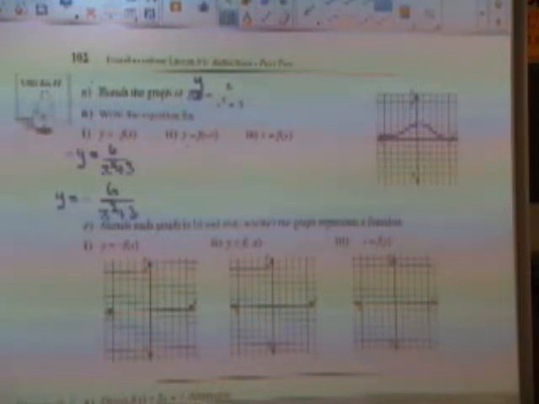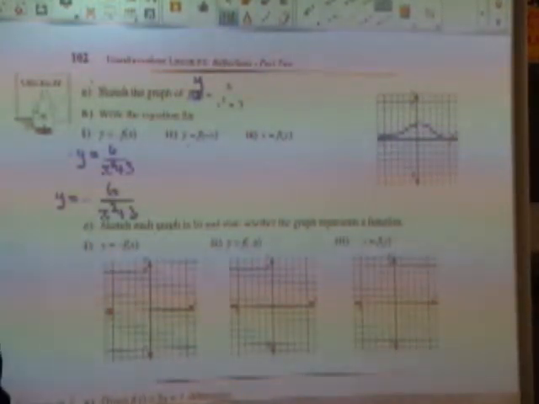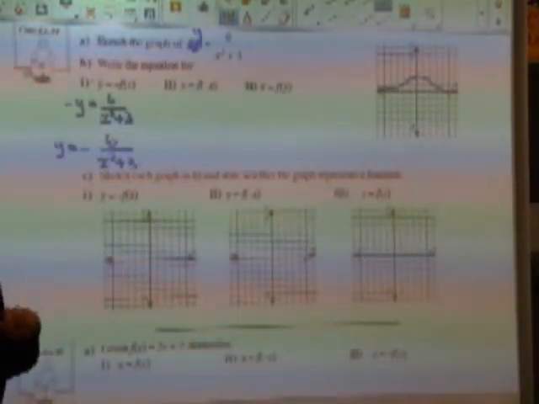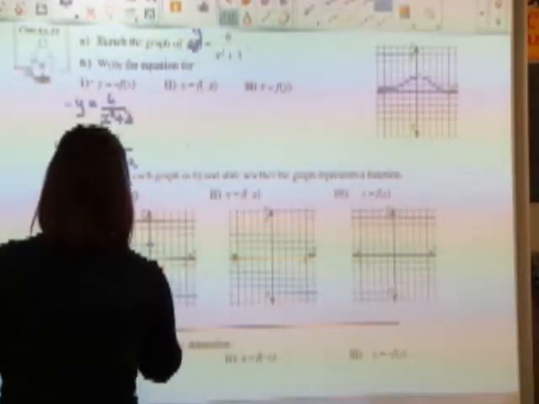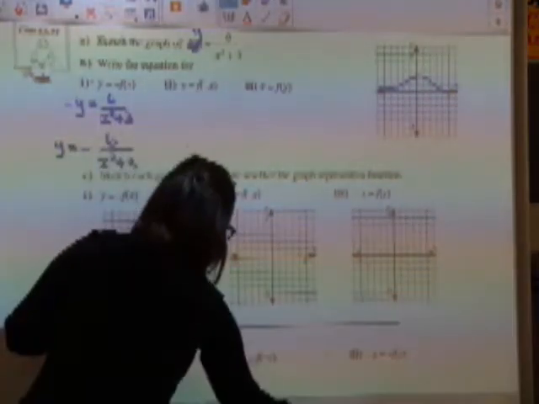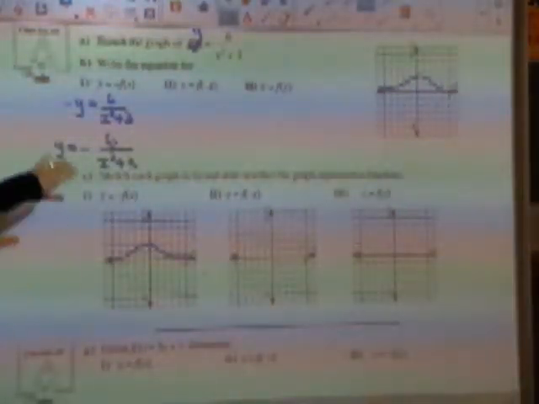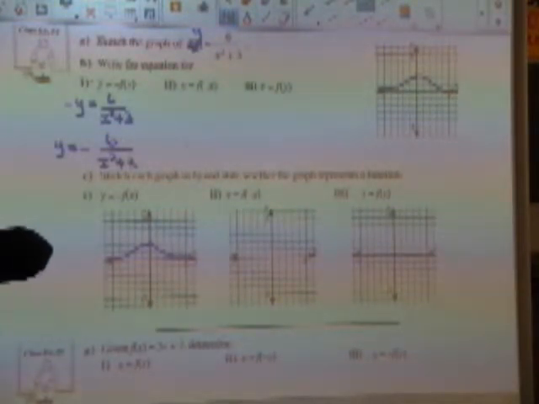If I look at the graph, the best way to do these graphs is to actually sketch the original in each of these, and then look at your reflection. I'm replacing y with a negative y, so this is a reflection in which axis?